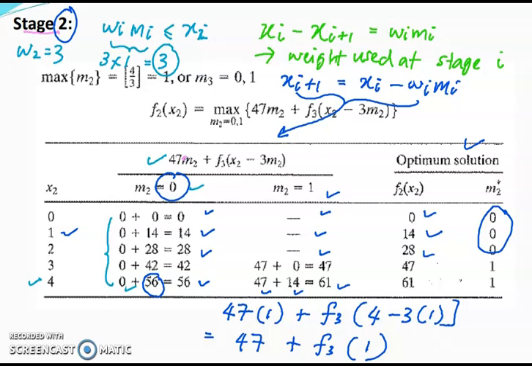Then when x2 equals 3, you compare between 42 and 47, and the maximum value is 47, and it comes from m2 equals 1, which means we choose 1 unit of item 2. When x2 equals 4, you compare between 56 and 61. The maximum value is 61, and it comes from m2 equals 1, meaning 1 unit of item number 2.